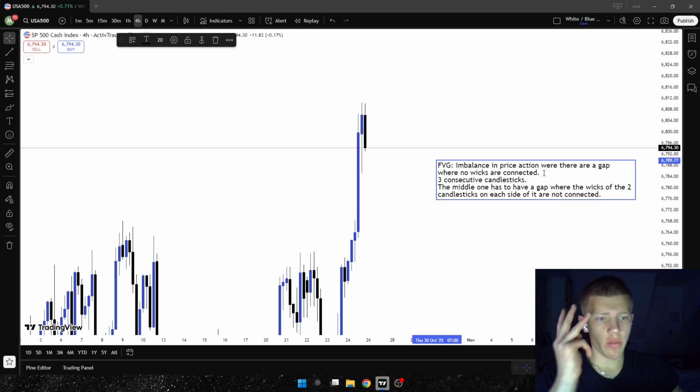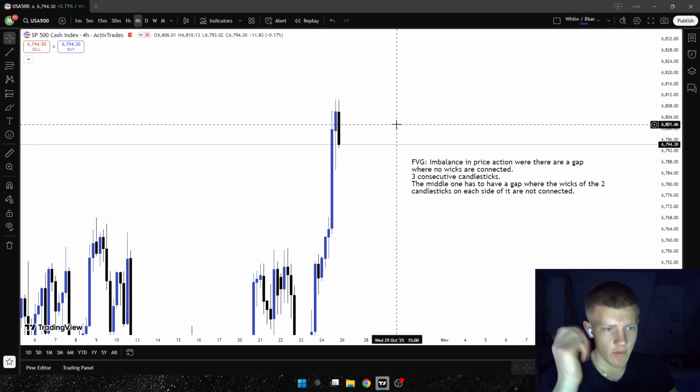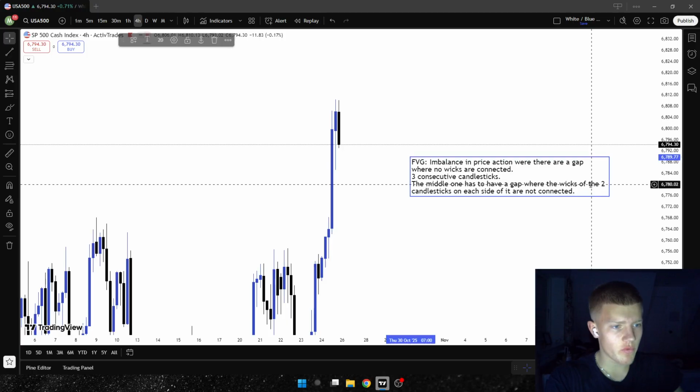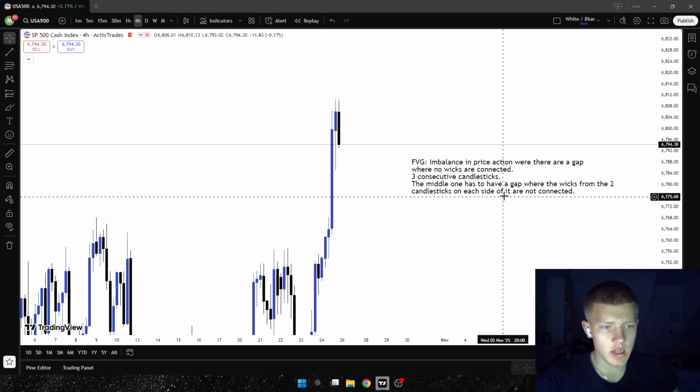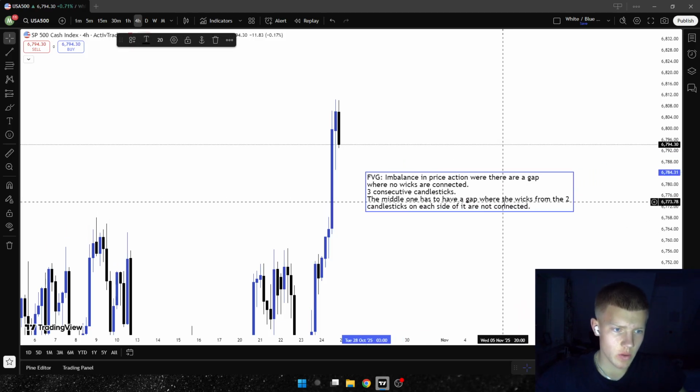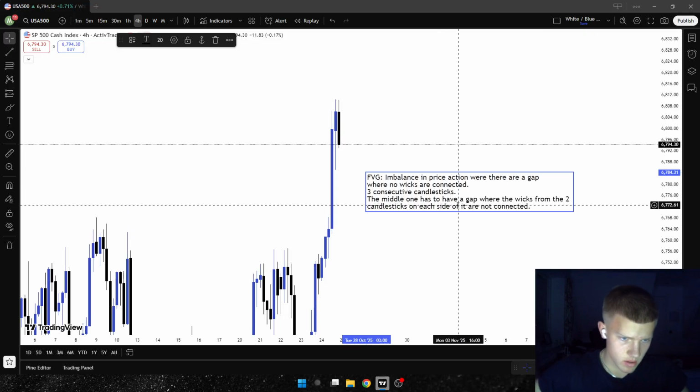So we have to have 3 consecutive candlesticks, and the middle one has to have a gap where no wicks from the 2 candlesticks on each side of it are not connected.